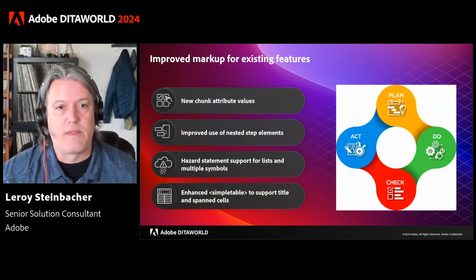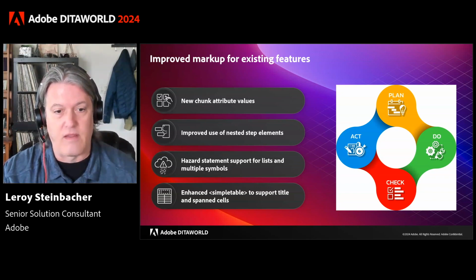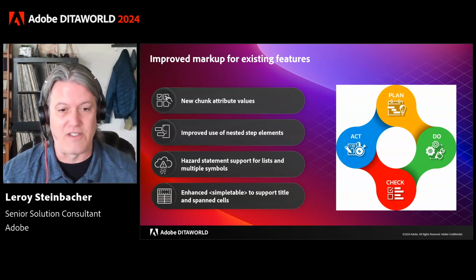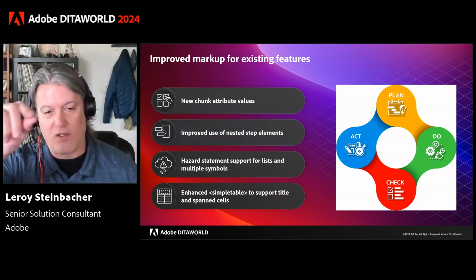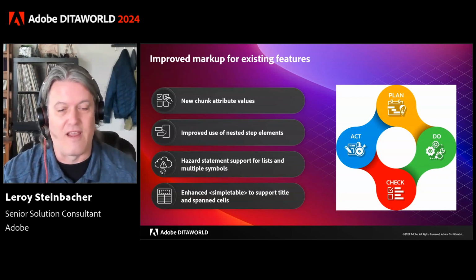There's also some improvements to the hazard statement. There's going to be support for itemized lists, and also for multiple symbols within the hazard statement itself. This I remember quite a bit from when I was working as a tech writer and trying to do hazard statements, because a lot of the content we would get from the engineers would be, oh, we have to include all of these bullets within this hazard statement to make sure we're covering everything. And I remember there was no natural way to put a bulleted list into a hazard statement.